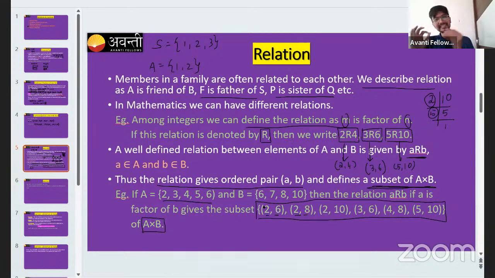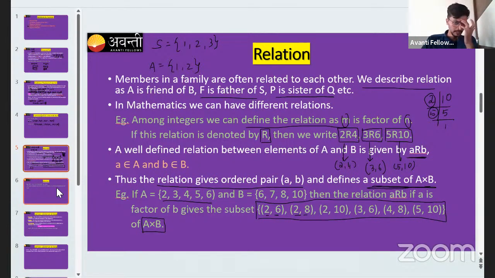So you can say that a relation is a special case of the Cartesian product, in which some elements are picked which have some relation between them. I hope the definition of relation is very clear to you. Then we'll move forward.